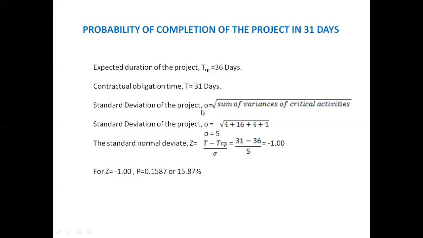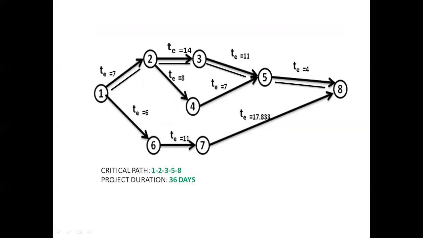Then first we need to calculate the standard deviation of the project. This standard deviation of the project is the square root of the sum of variances of the critical activities. In our case, the critical activities are 1 to 2, 2 to 3, 3 to 5, and 5 to 8.